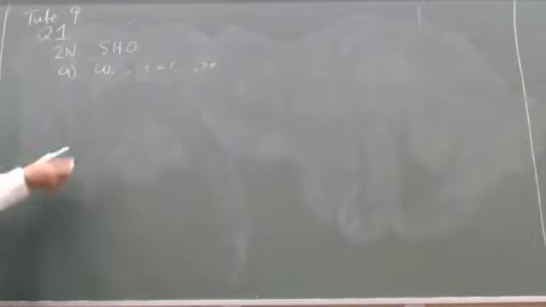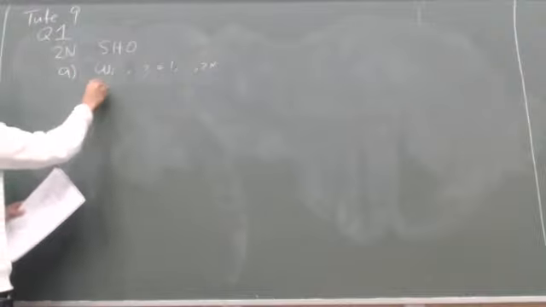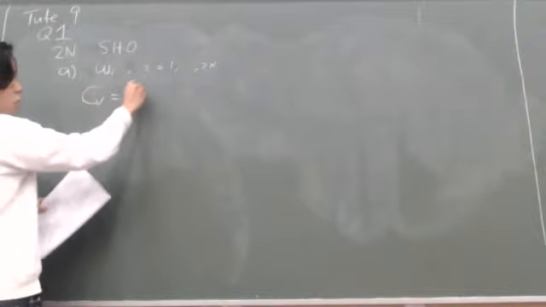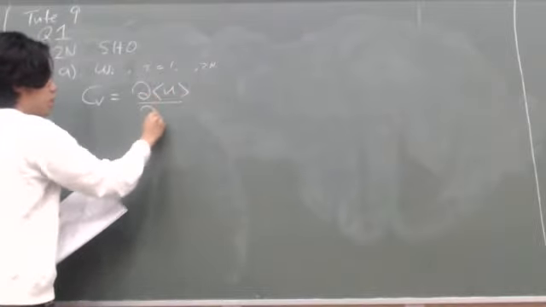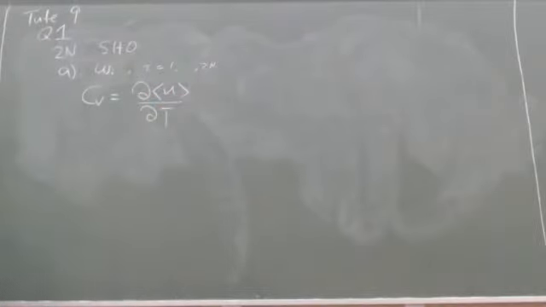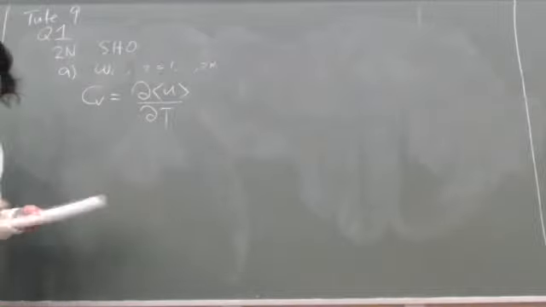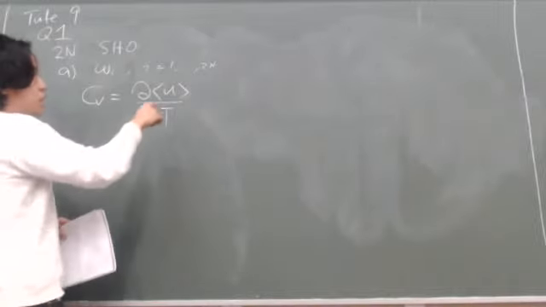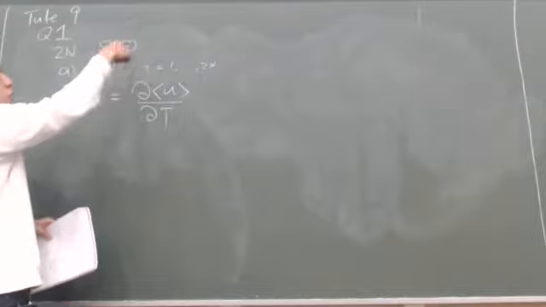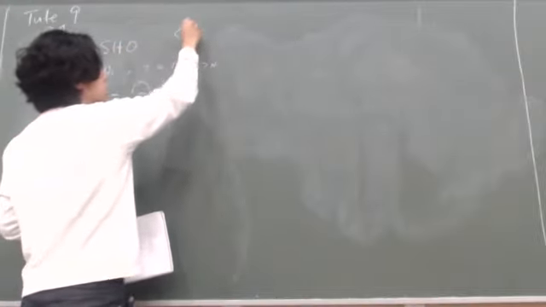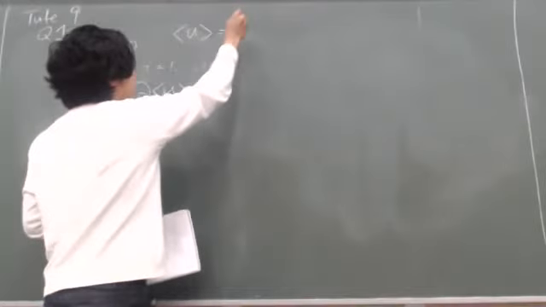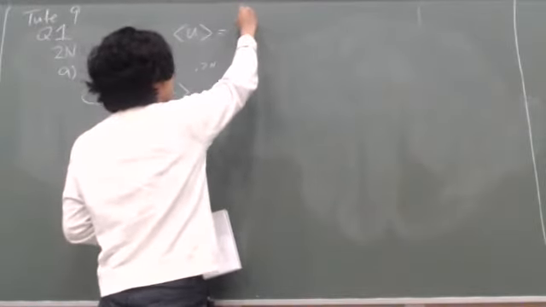Yep, okay, so for part A, you know the heat capacity is just given to you by the derivative of the average energy by temperature. So I'm pretty sure you can quote this formula all the time. And if you recall from the lecture notes on simple harmonic oscillators, for a single harmonic oscillator, the average energy is given to you by, what was it?